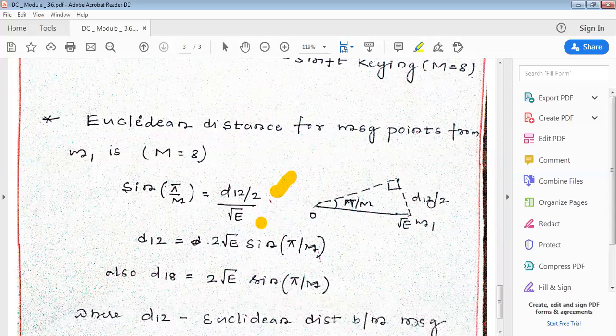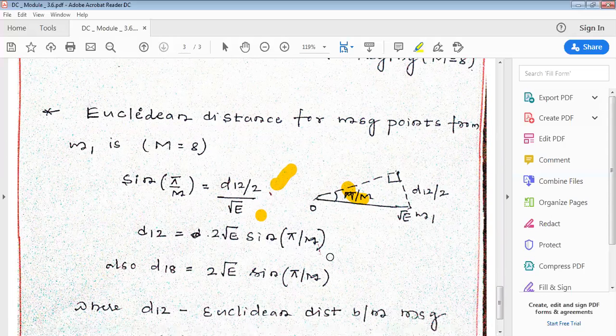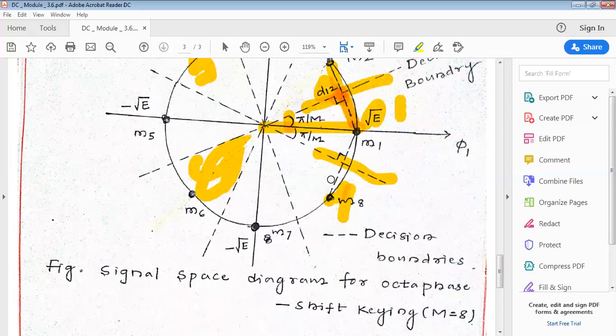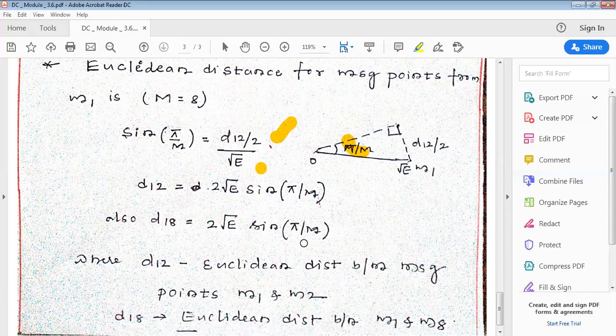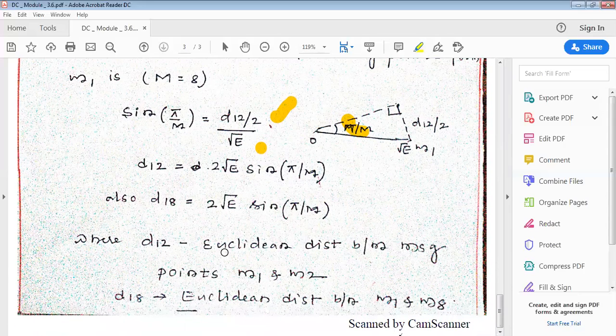Here you can see this is D12 by 2, half of the Euclidean distance between M1 and M2, and here it is square root of E. So sine of this angle is equal to D12 by 2 divided by square root of E. So you will get D12 equal to 2 square root of E sine pi by M. And also the distance between message points M1 and M8, the Euclidean distance D18, is also given by 2 square root of E sine pi by M, where D12 and D18 are the Euclidean distances between the message points M1 and M2 as well as M1 and M8.